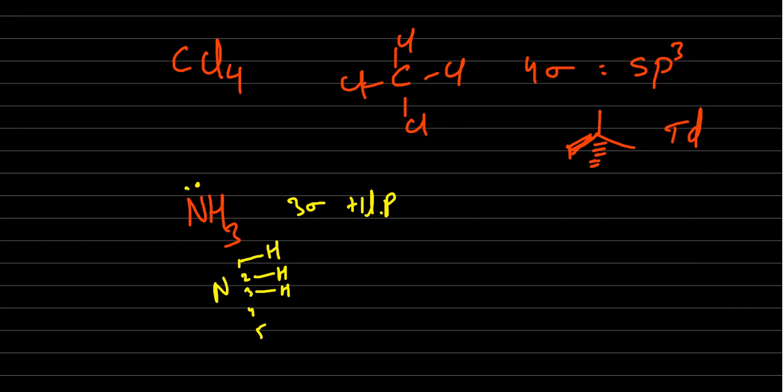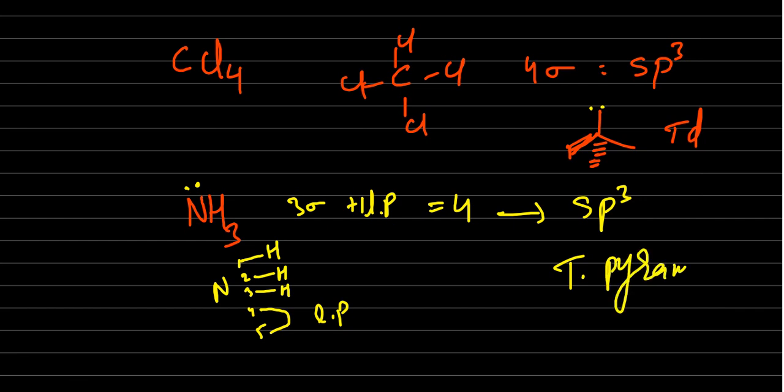Now 2 electrons are left. 2 electrons together make 1 lone pair. Now 3 sigma bonds plus 1 lone pair, total 4. 4 means sp3. In this sp3, you first take tetrahedral geometry, but that is not the answer. In the tetrahedral, you keep 1 lone pair here. Then it looks like trigonal pyramidal.